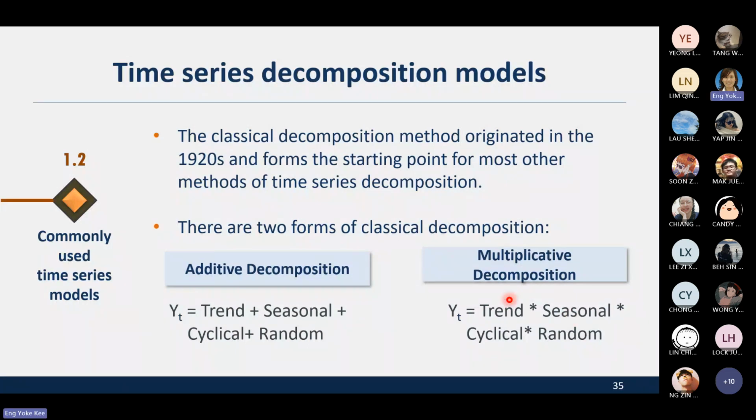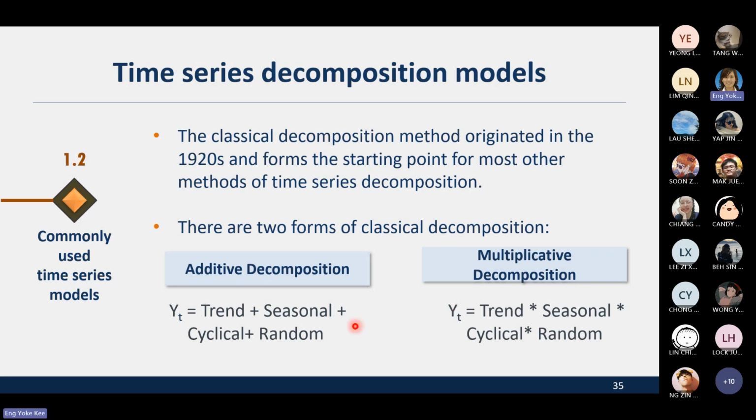In this case, the multiplicative decomposition will give you multiplicative effects, so each component will influence the others. If the trend pattern is big, you multiply with a bigger seasonal pattern, and it will make your Y value even bigger.